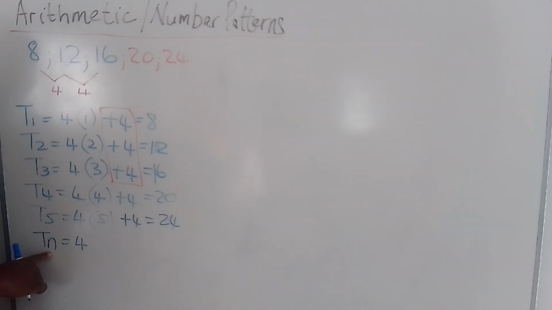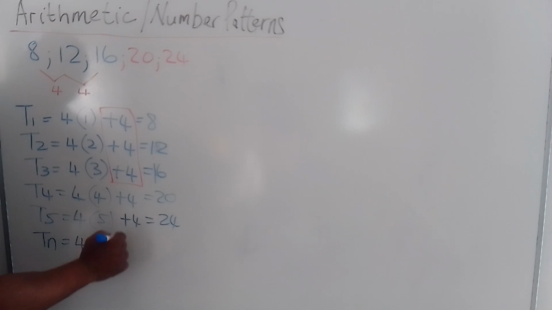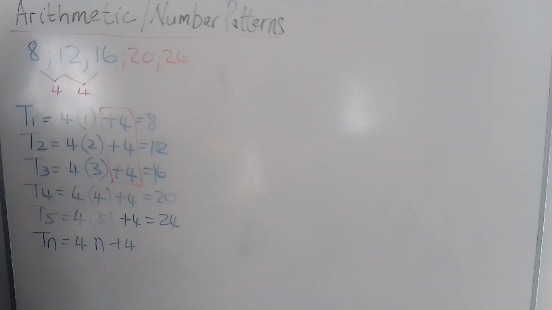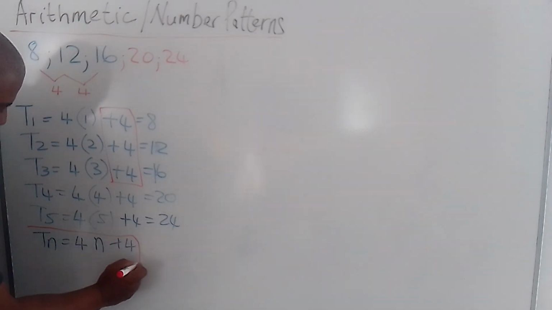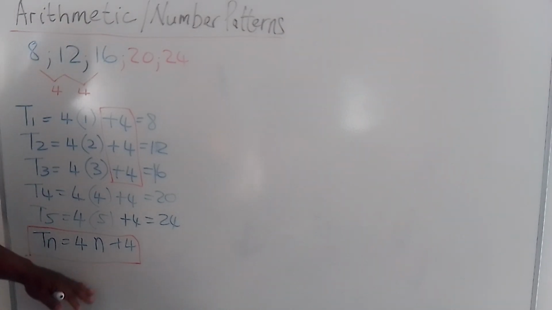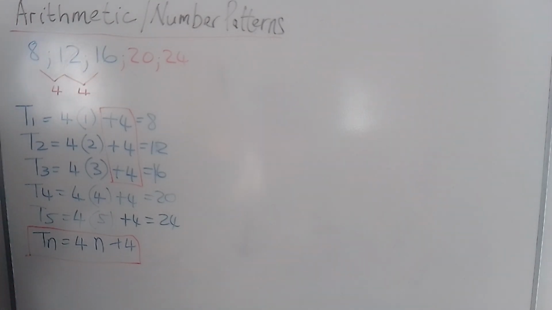Now our term number is n. So we have n, and there's the 4 added again. So this in the end is our general term, and from this general term we can work out any term.